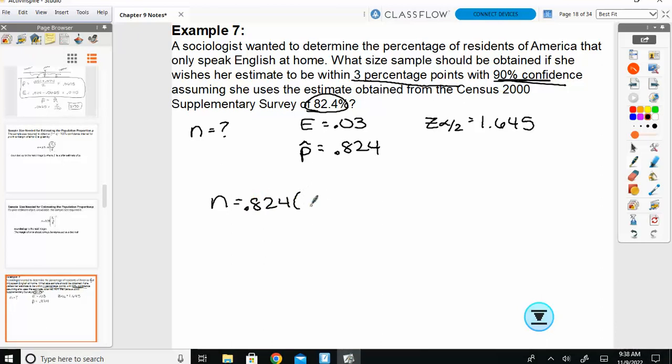So n is p-hat, so 0.824, times 1 minus p-hat, so 1 minus 0.824, times Z alpha over 2, 1.645, divided by the error, 3%, so 0.03, squared. So we put that in the calculator.